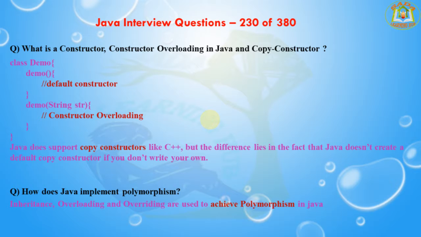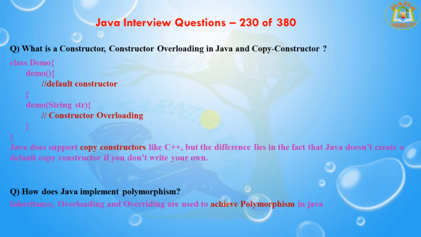And the next question is, how does Java implement polymorphism? Polymorphism manifests itself in Java in the form of multiple methods having the same name. In some cases, multiple methods have the same name but different formal argument lists, which are overloaded methods.